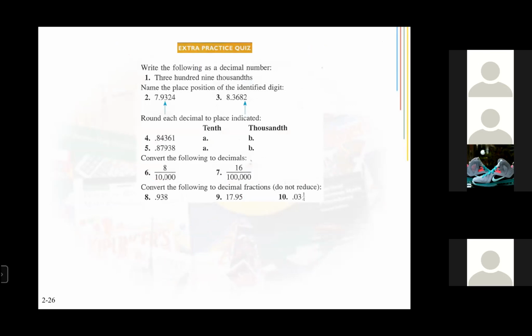The first one says, write the following as a decimal number, 309 thousandths.